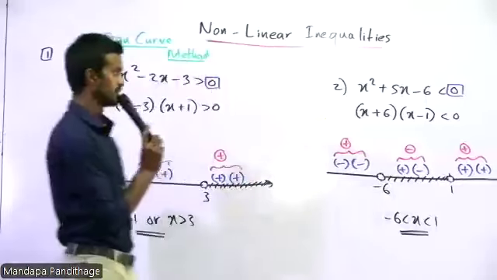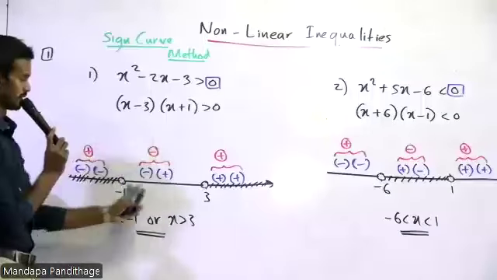So we have to mark the values that make each factor 0 on the number line.